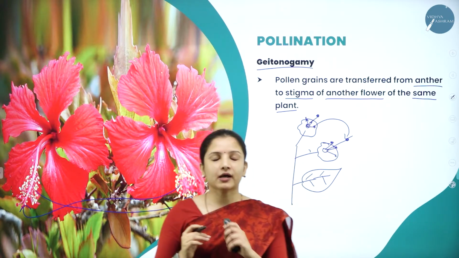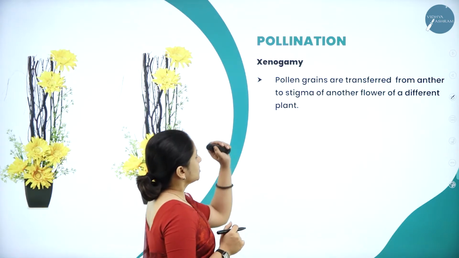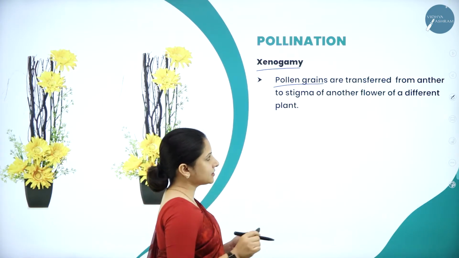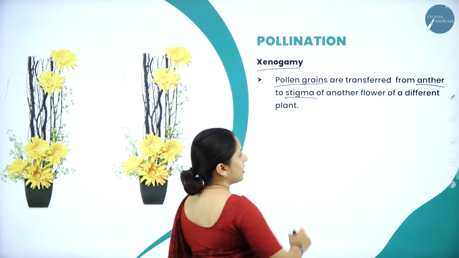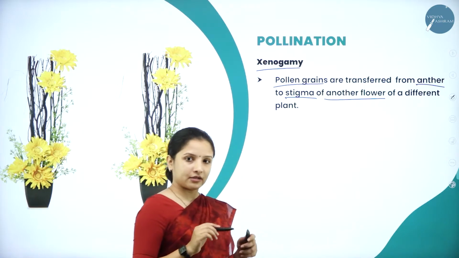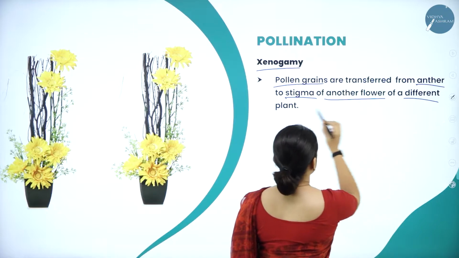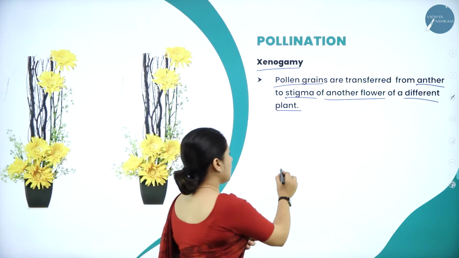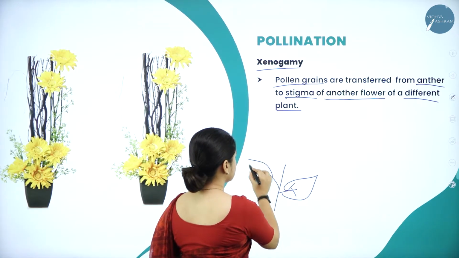There is one more kind of pollination, called Xenogamy. In Xenogamy, the pollen grains are transferred from the anther to the stigma of another flower, but a flower of a different plant. To understand better, I will draw two plants.